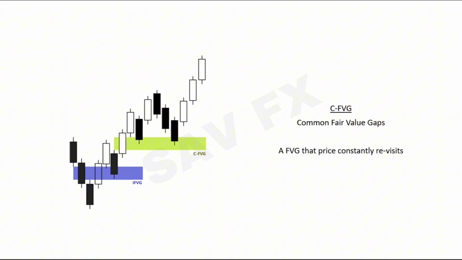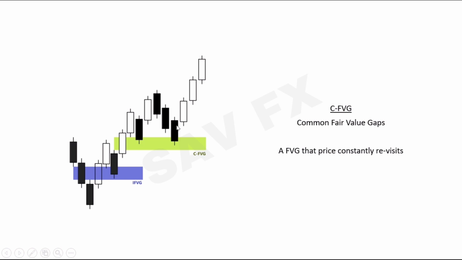And then our final one is a common fair value gap. A common fair value gap is simply a fair value gap that's revisited multiple times, meaning that it's commonly revisited, right? For example, in this range, price created this fair value gap, this inefficiency level, drew lower, tapped it once, reacted off it, went higher.